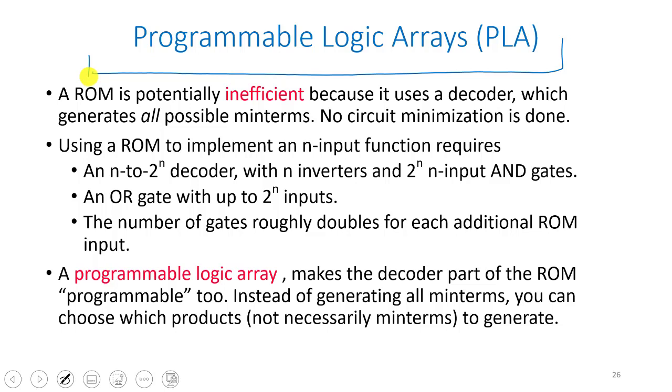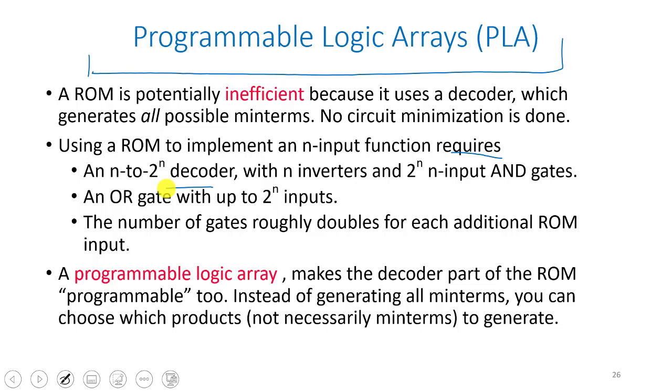PLAs is a programmable logic array. The problem with ROM is that it requires an n to 2 to the power n decoder. So if I have n equal to 8, I need a decoder which is 8 by 256. It has 8 inputs, 256 outputs. If I want my ROM to have 10 inputs, then it's 10 by 1024, and it becomes more complicated when you go for 32 and 64 bits.